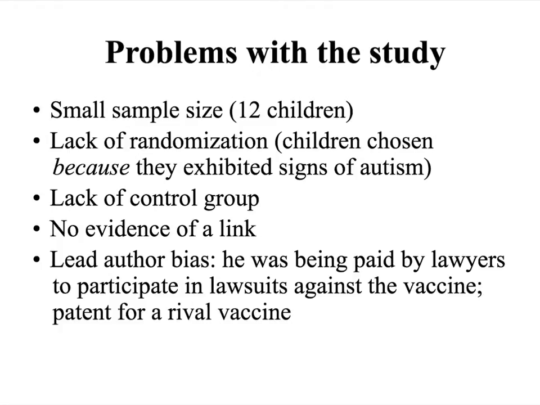So there was an amount of bias in designing the experiment because the authors were choosing children that already appeared to have autism. There was no control group, so they didn't actually test to see if there was a difference between children who had received the vaccine and children who had not received the vaccine. So there really was no evidence of a link.